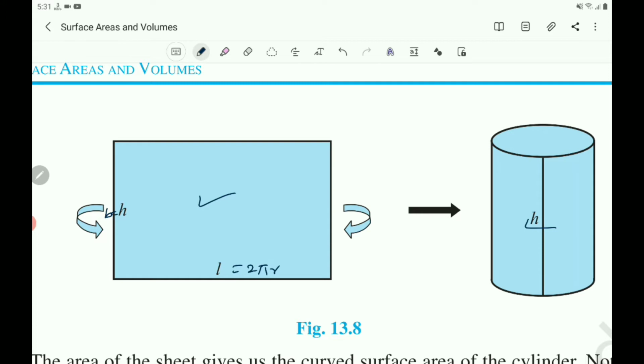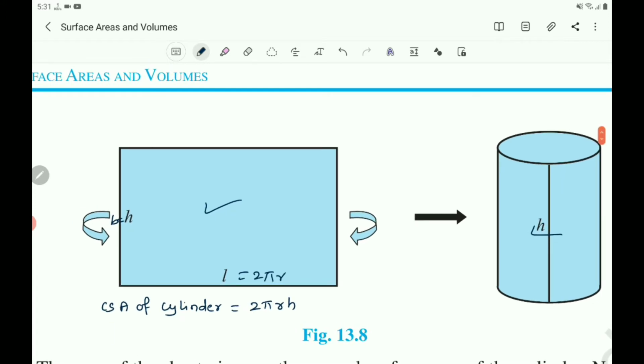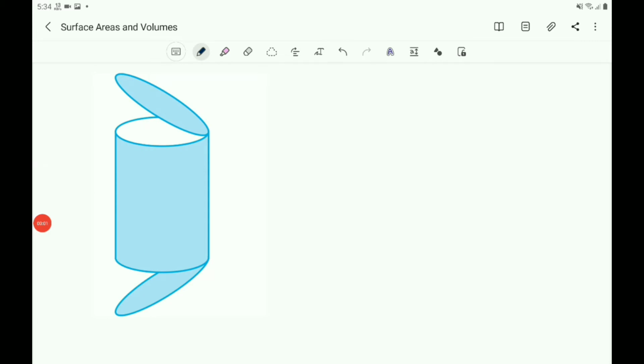Then the CSA of a cylinder equals 2 pi r h. Here 2 pi r is the perimeter of the circular base, so you can also write P into h.